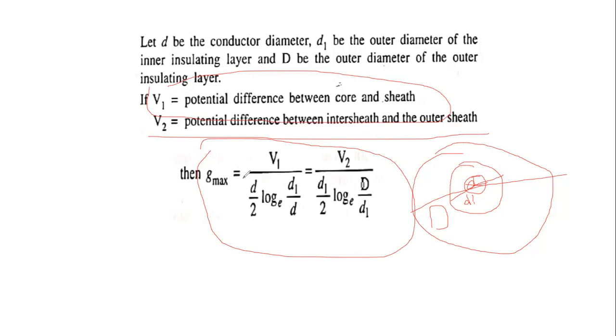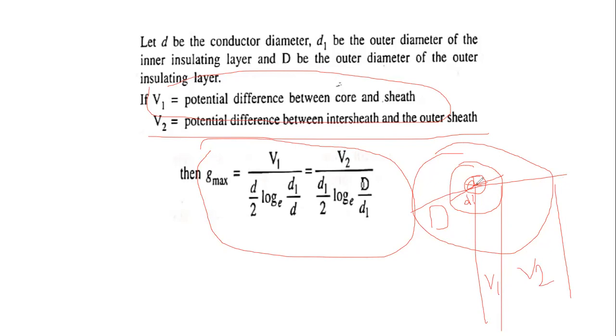G max is equal to V1, the potential difference between the core and the sheath, and V2 is the potential difference between the inner sheath and the outer sheath. This is the inner sheath and this is the outer sheath. Therefore, V1 by d.